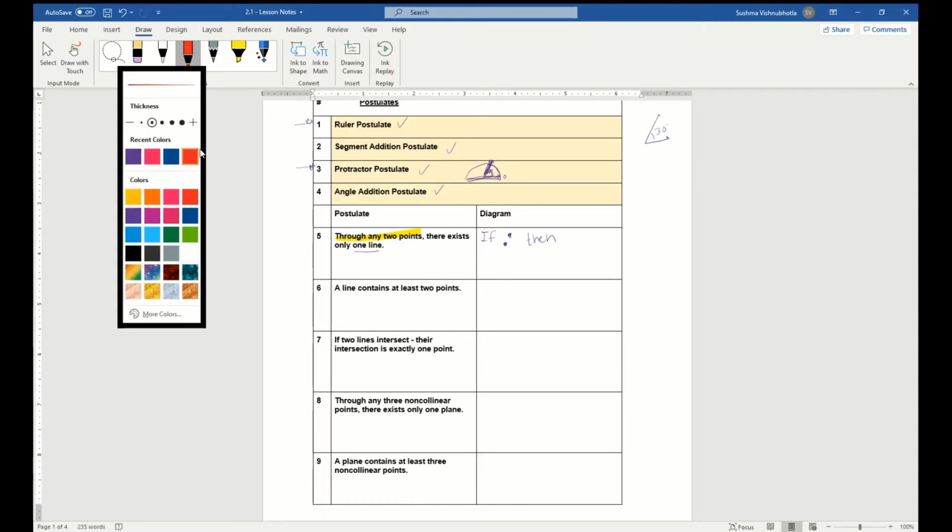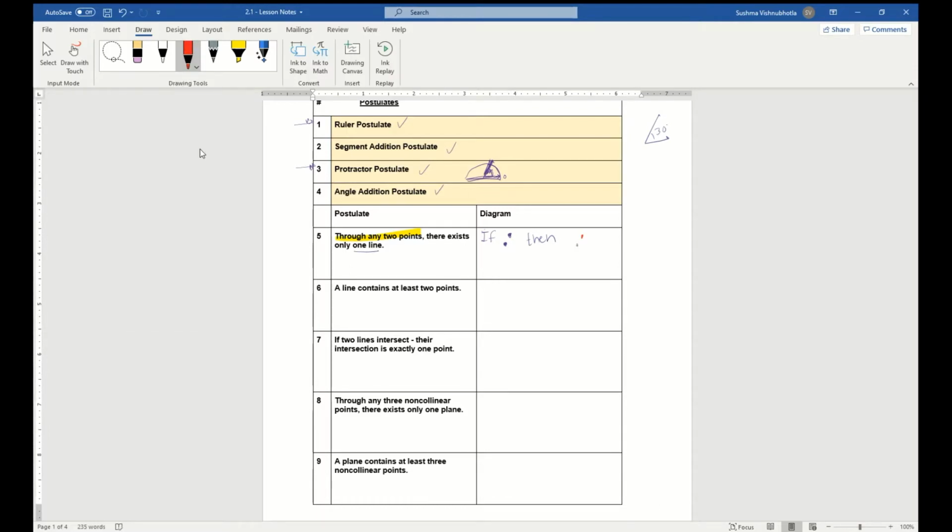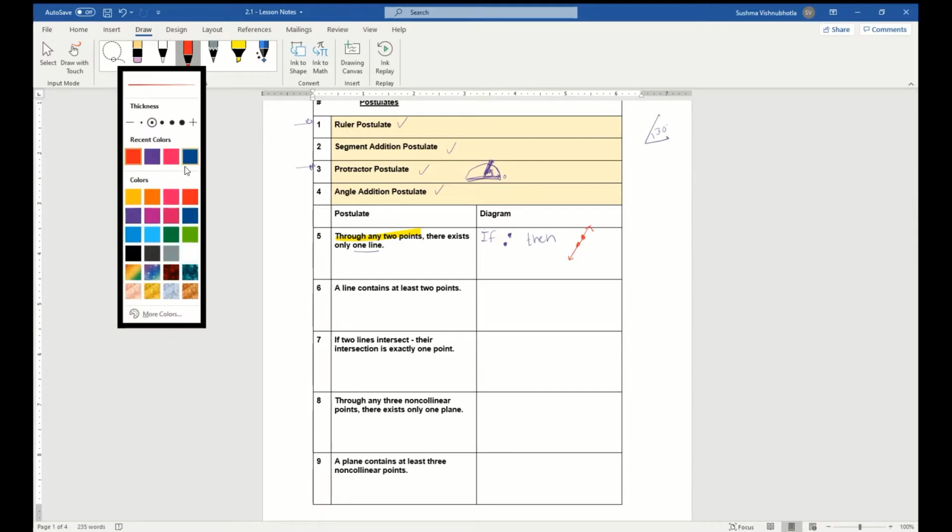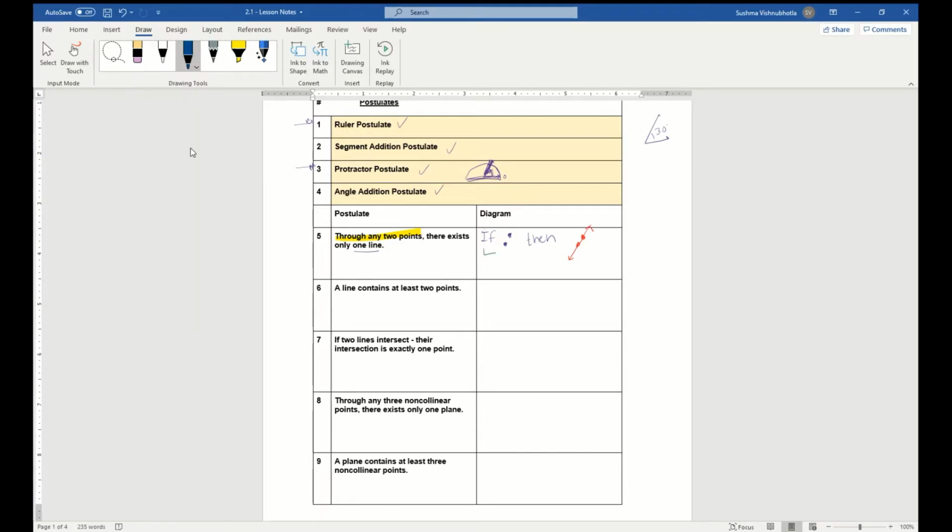So the then is our conclusion. If I start with 2 points, if that condition exists, then the conclusion I can make is there only exists one line that goes through them. So here is the hypothesis, conclusion. So if this is true, then I can conclude that.